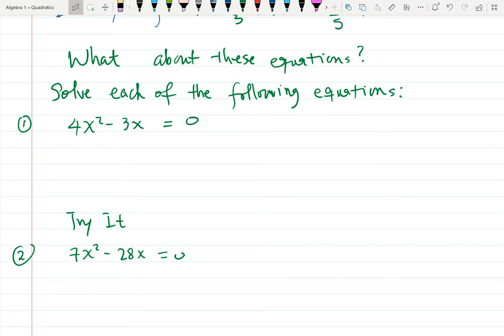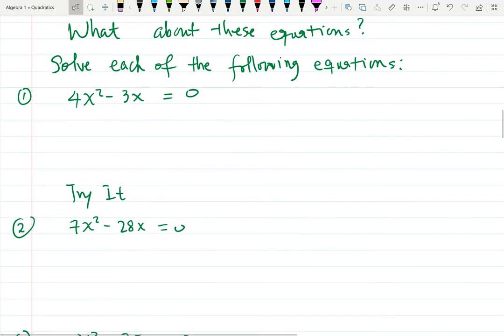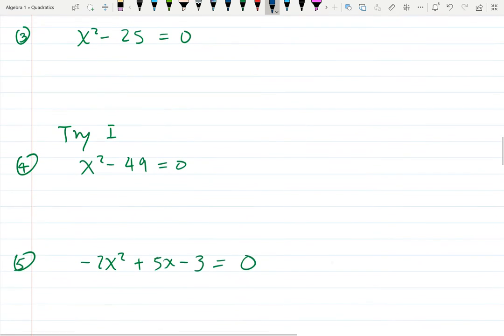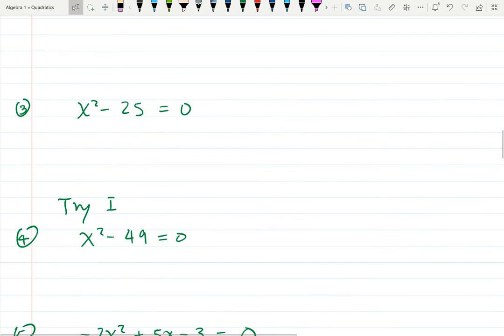There's this one here, factorize and solve. So basically here you see x factor out, you'll be left with 4x minus 3, and that's what you solve. And over here, do you remember this thing that we learned previously?